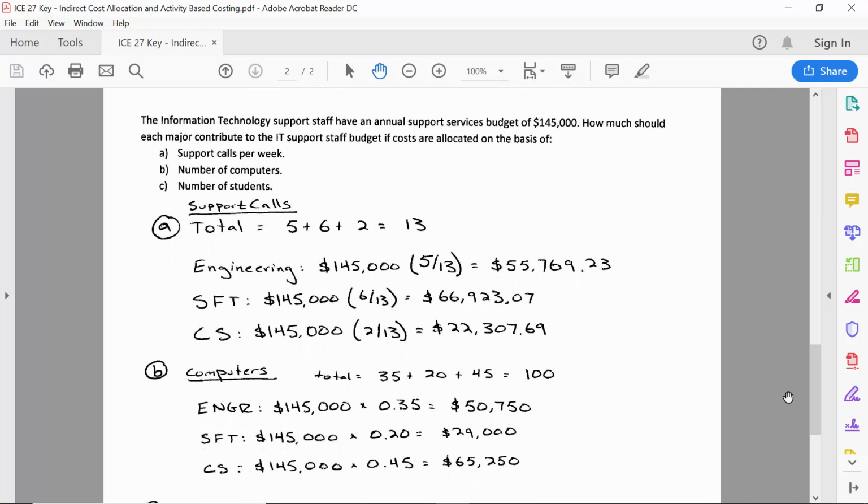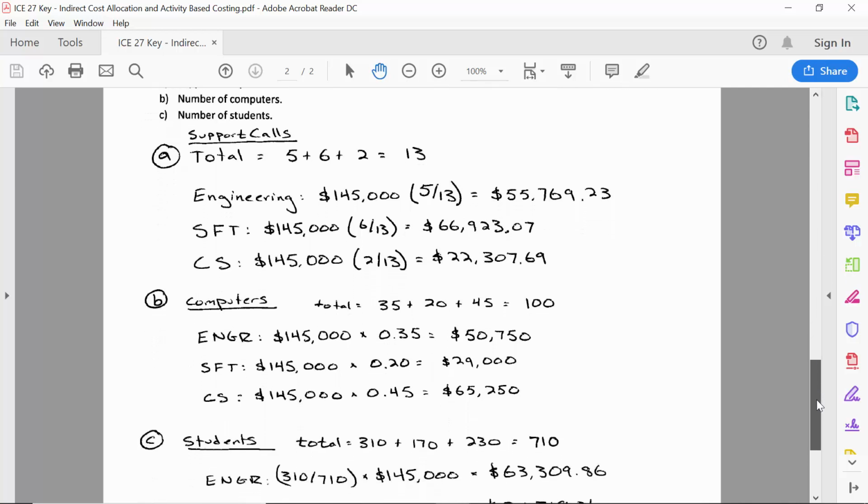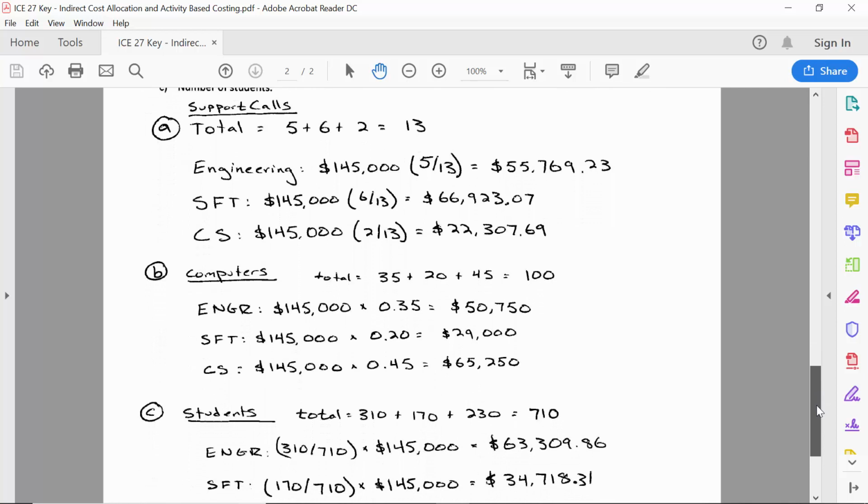So if you do it that way, they'd have the lowest allocation because they have the fewest number of computers. So there are the numbers for if you do it on the basis of the number of computers. And then the last way is if you do it by the number of students.